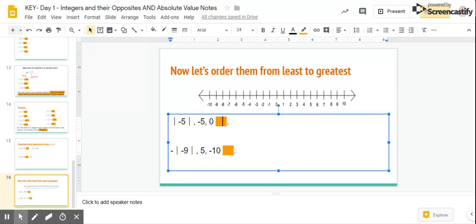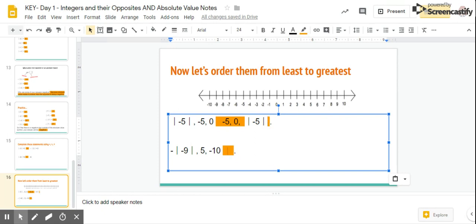Hopefully you got that the absolute value of negative 5 becomes positive 5. If we're writing these out in order, we would have negative 5 and then 0. And again, we always want to write our original, so I'm going to copy and paste it over with those absolute value bars. Then we have negative 5, 0, and then the absolute value of negative 5.